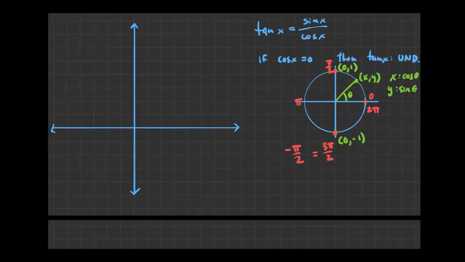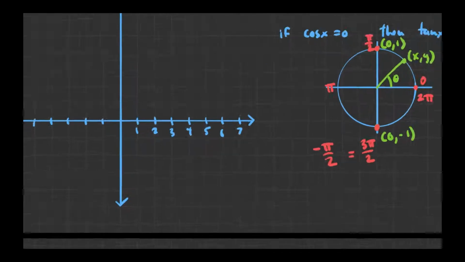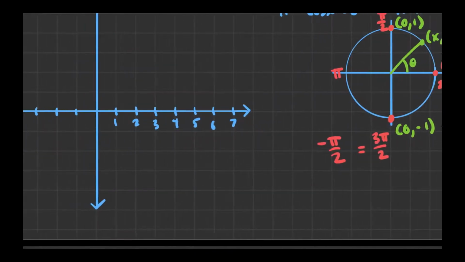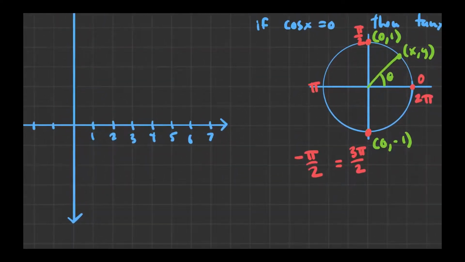So if this is 1, 2, 3, 4, 5, 6, 7, etc. I'm not going to write all these little ticks, but it's a 1-to-1 scale. Then we want to make sure that pi over 2 is the first place that we have an issue. Pi is a little bit more than 3, so pi over 2 is a little bit more than 1.5.